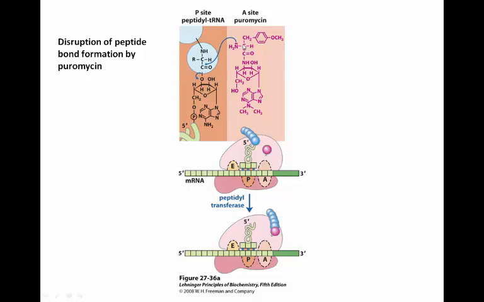So the amino group of puromycin will react with this carbonyl group, and it'll make a growing polypeptide chain, but there's nothing to keep the puromycin polypeptide chain attached to the A site, and this dissociates, and that prematurely stops polypeptide chain formation.